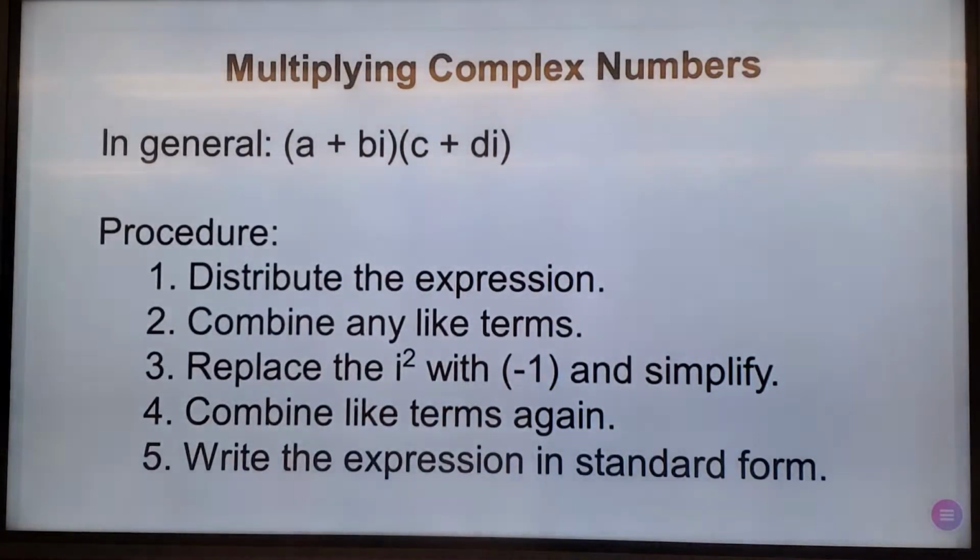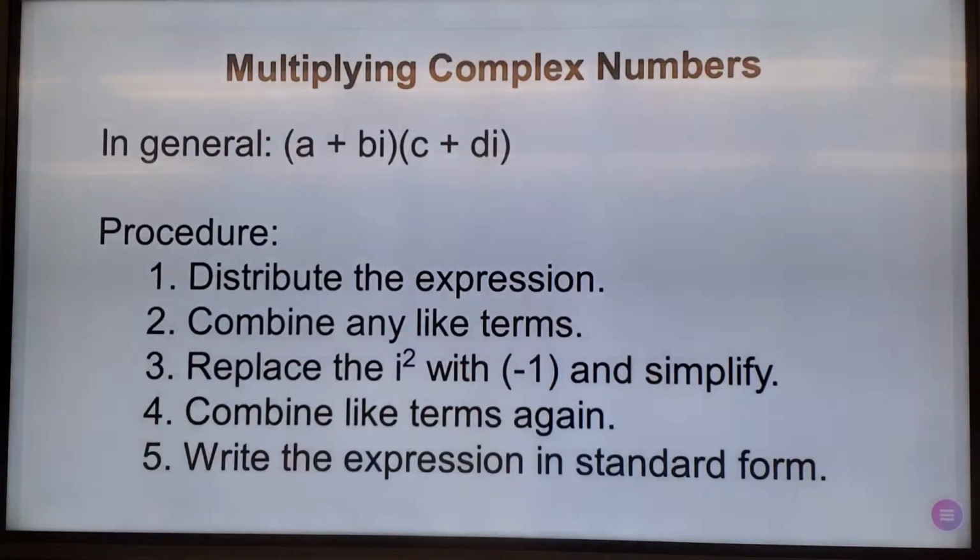We're going to combine any like terms, again similar to what we did before. Now the difference is we're going to replace the I squared with negative 1, because if you remember that slide, I think it was the third slide, it stated that I squared equals negative 1. We're going to put that into play now. So we're going to replace I squared with negative 1 and simplify.